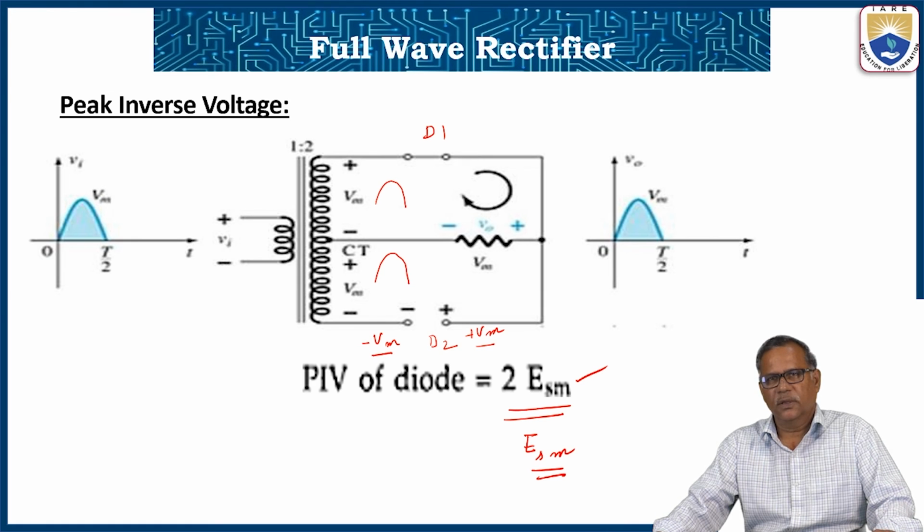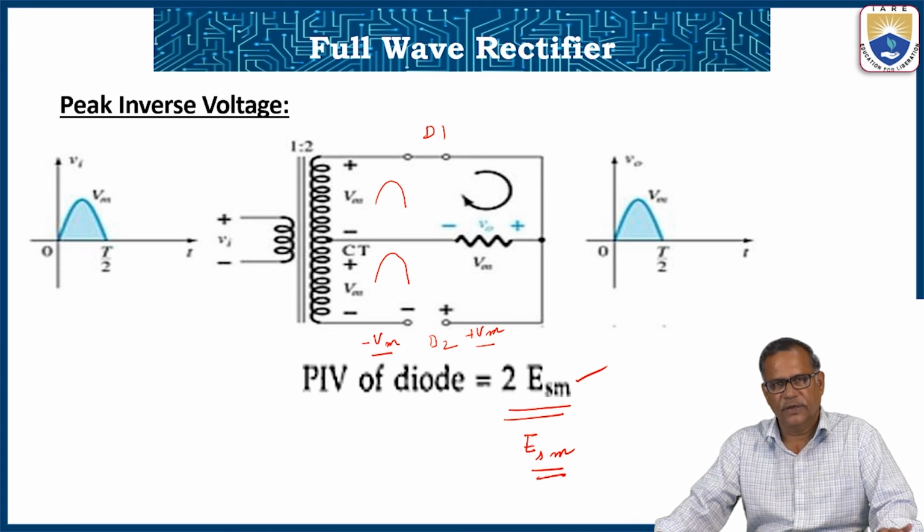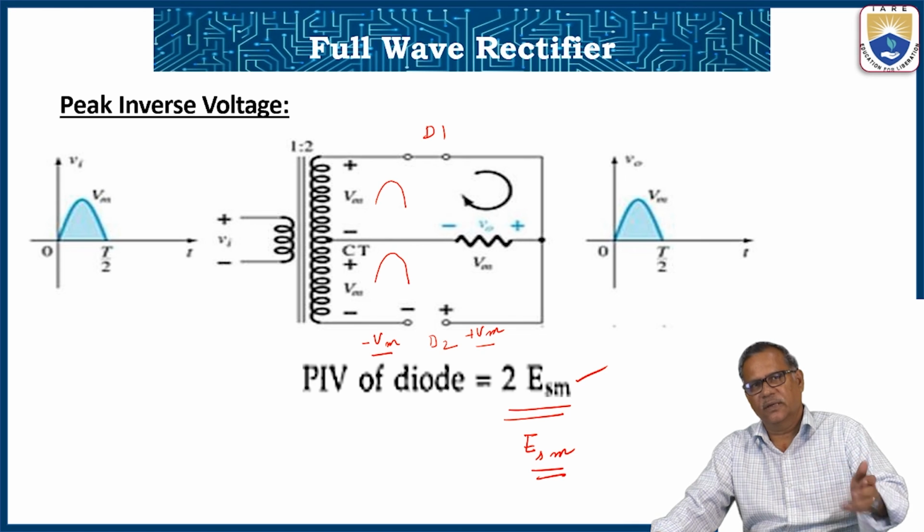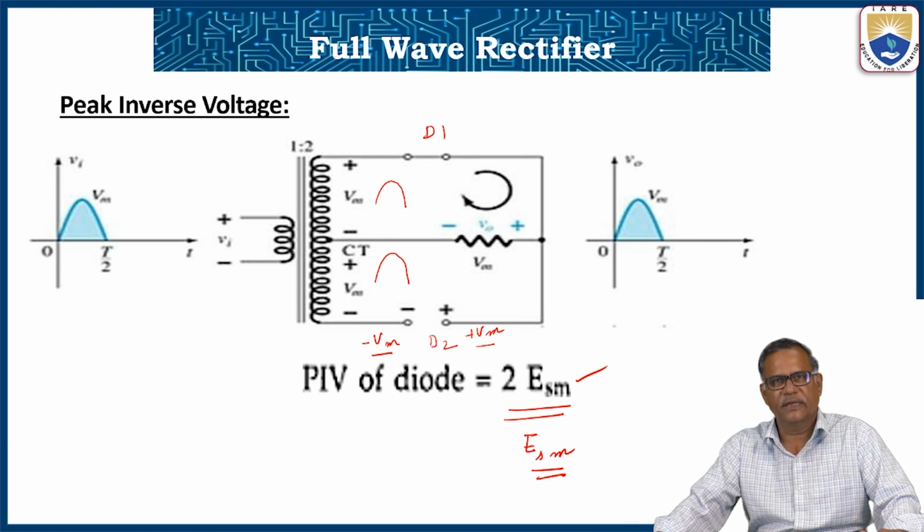So the peak inverse voltage of the diode is 2 Vm, and you have to choose diodes with maximum ratings. Otherwise, if we choose diodes with lower ratings, the diodes are likely to get damaged during the operation of the circuit.